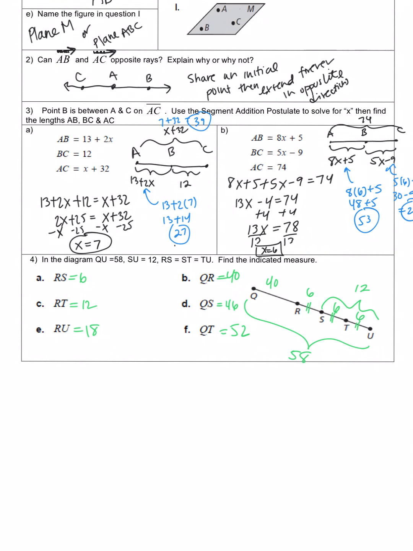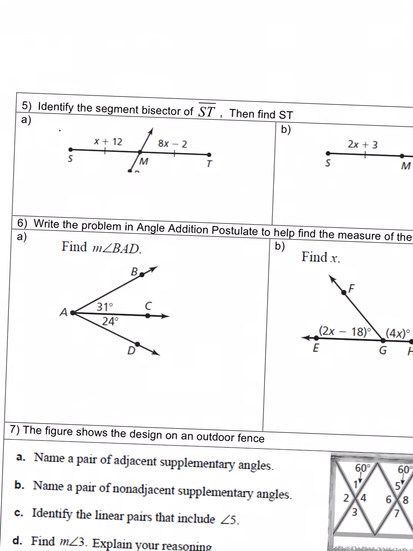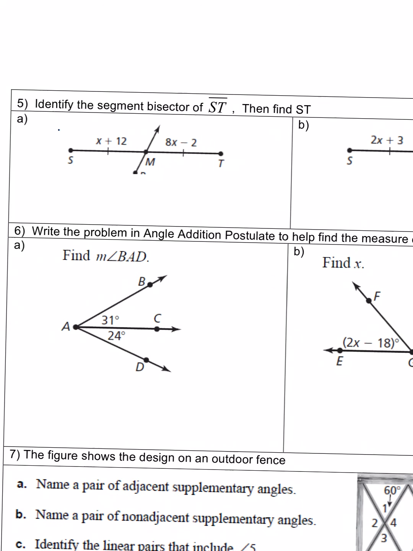All right. Identify the segment bisector of ST, then find ST. Looks like this cut up a little bit, so let's say this is point R, and the segment bisector would be ray RM.